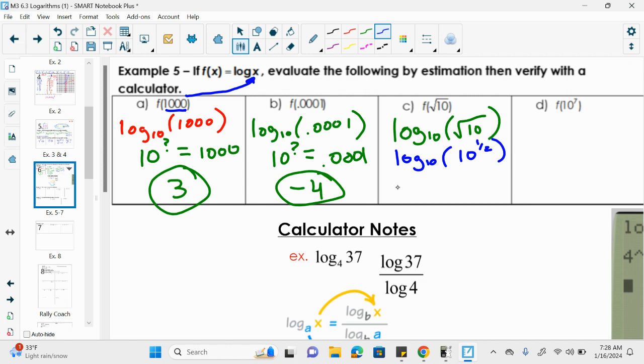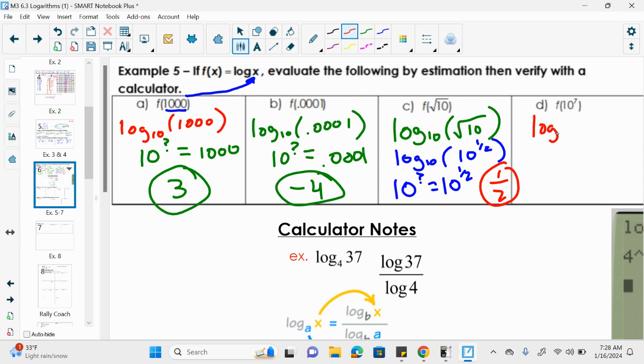So really this is saying 10 to what power equals 10 to the 1/2 power? Well, then it would have to be 1/2, right? Because now this question mark is just the exponent. So it'll be 1/2.